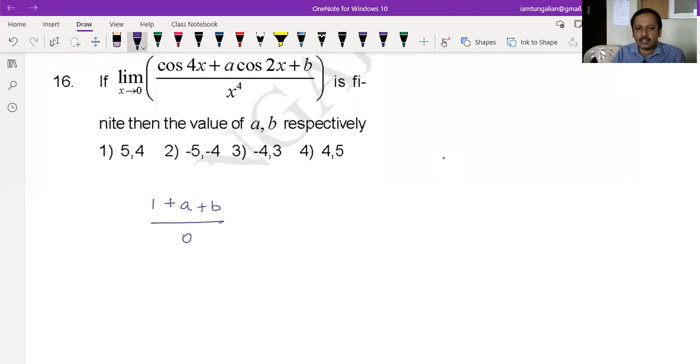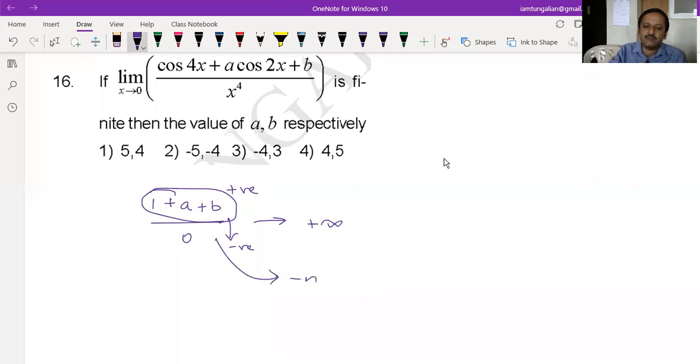Now it depends on the numerator. If this is positive, then some positive number divided by 0 will tend to plus infinity. If the numerator is negative, then 1 plus a plus b divided by 0 will tend to minus infinity, the denominator being 0 anyway.